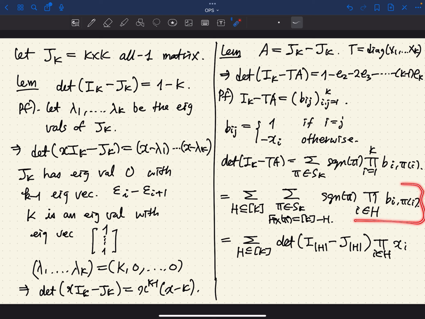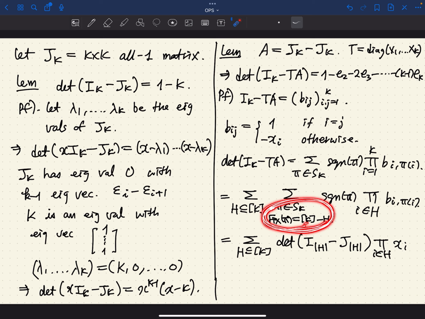Now here, they are all non-fixed points. But if you pull out all the x's, you can also include fixed points there, because they don't contribute anything, since the diagonal entries are now 0. So instead of considering this, you can consider all permutations on H with no restrictions at all.